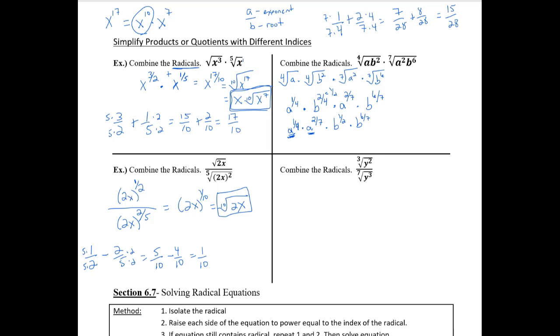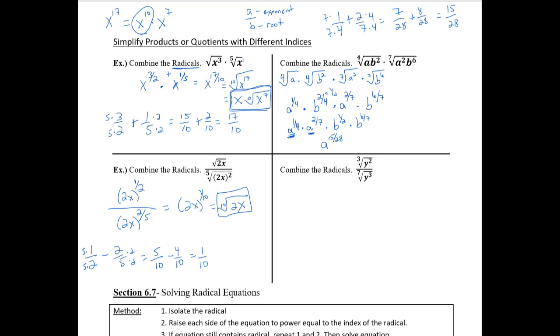So add the numerators, the denominator stays the same. So a to the 1/4 times a to the 2/7 is a to the 15/28, right?